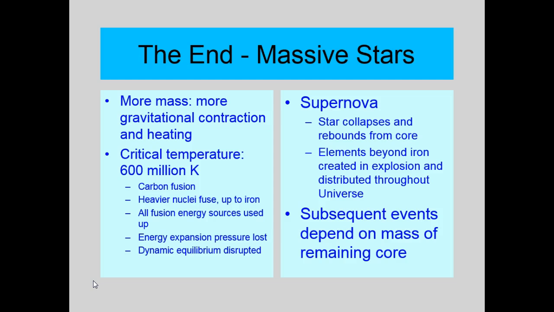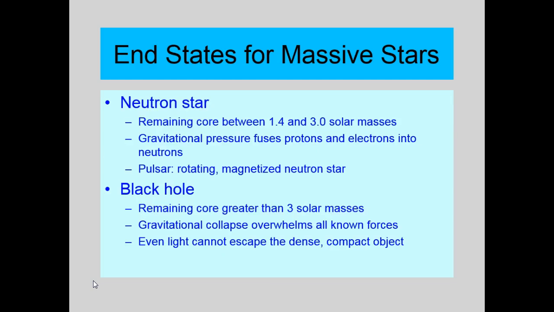Okay. So the subsequent events depend on the mass of the remaining core. Okay. We got the supernovas happen, blowing things up. What happens to the remaining core, though? Remember, the remaining core in the smaller stars became a white dwarf, and then a black lump of carbon, okay, in whatever form. Well, what happens now depends on how big we are. Now, the remaining core, now this is just a core. It's blown most of the star out into space, okay?